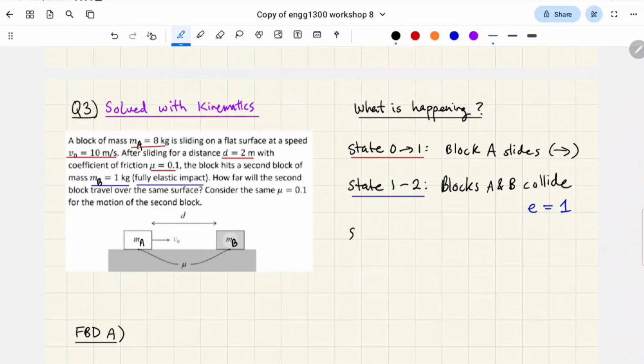Lastly, between state 2 and 3, block B will be sliding this way. Block A is also going to be bouncing back and going left, but the question doesn't care about that. It just focuses on what happens to block B after the impact. It says, how far will the second block travel over the same surface, which has this friction?